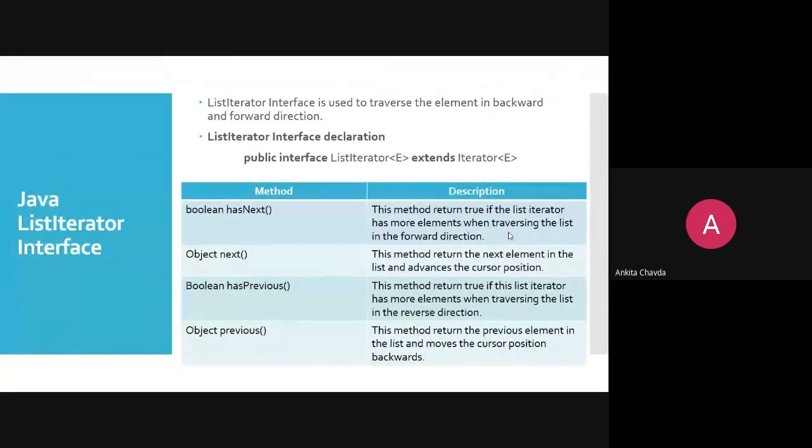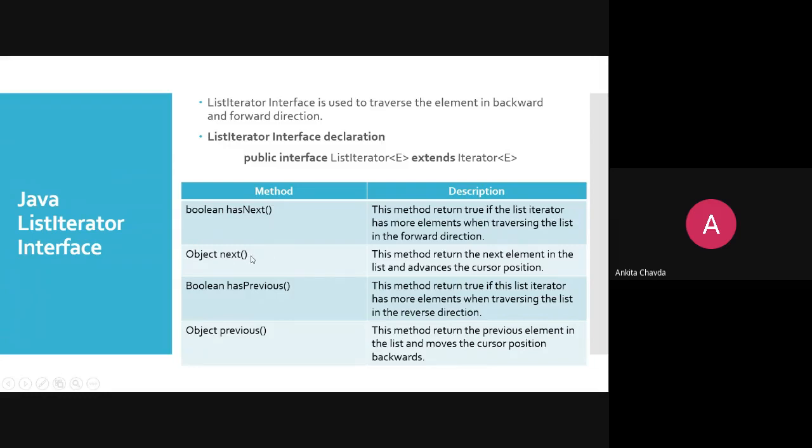So this hasNext you are generally using inside a while or any loop, to check the condition. This method returns true if the ListIterator has more elements when traversing the list in the forward direction. That is important, in the forward direction.